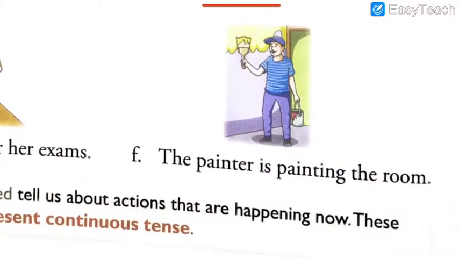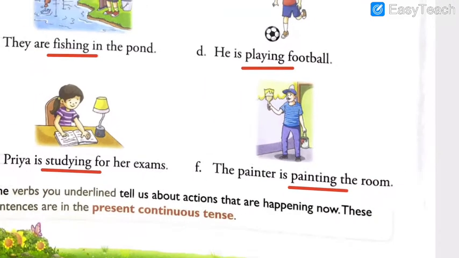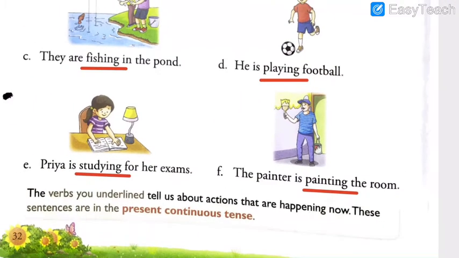Studying. The painter is painting the room. What is the painter doing? Painting the room. So here we have underlined the actions. Whatever you have underlined, these are the actions.